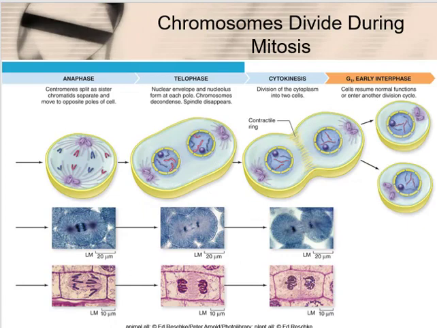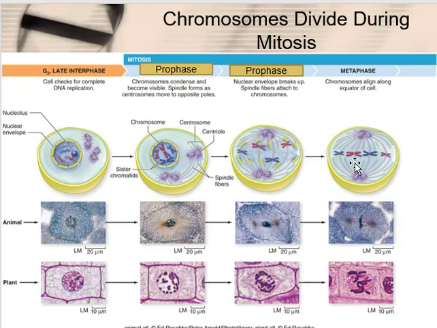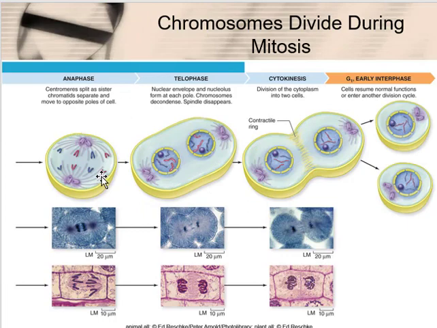All right. So in anaphase, they're pulled apart. Once they're pulled apart, these sister chromatids become chromosomes once again. Then in telophase, they all match up to their correct pair of chromosomes, because as humans, we have 23 pairs of chromosomes for 46 chromosomes, and on those chromosomes, about 20,000 plus gene locations.